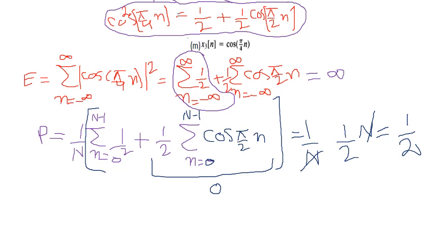I have tried to give you the idea of how to find energy in multiple types of signals. For the rest of the problems, I would like you to do it by yourself. If you have any confusion, you can ask me in the live session.